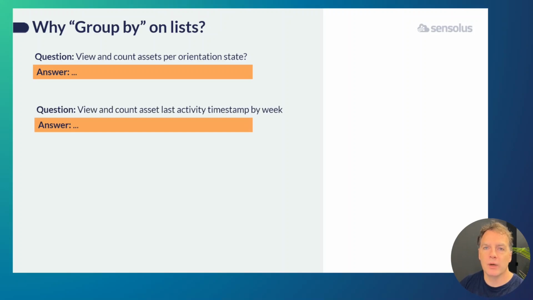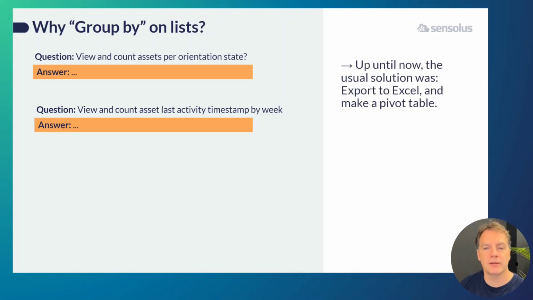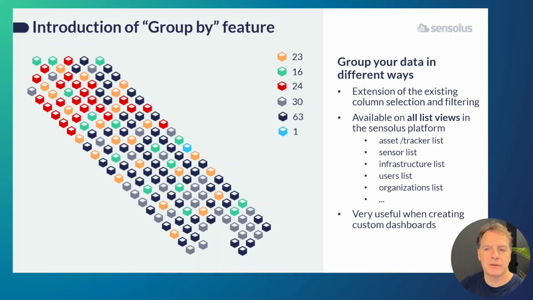And if you want to, for example, view all my assets, but group them per last activity, for example per week, and then also have counts on that, the solution up until now was you can make a report, export it to Excel, and then in Excel do your analysis, create a pivot table, or make a graph visualization. So this is what we actually now have a solution for.